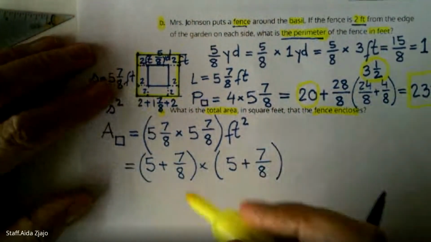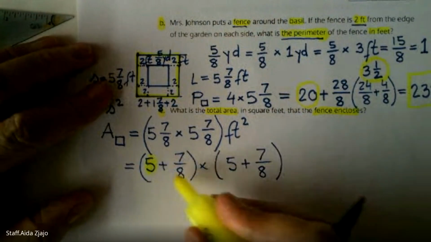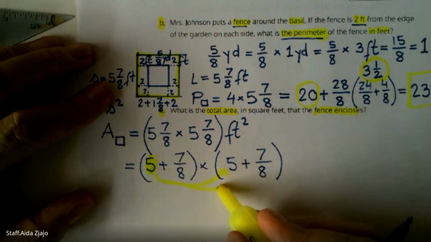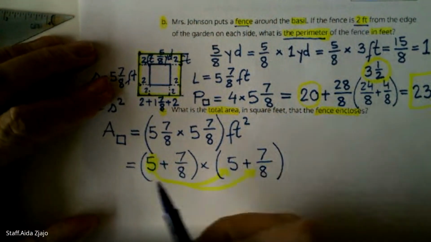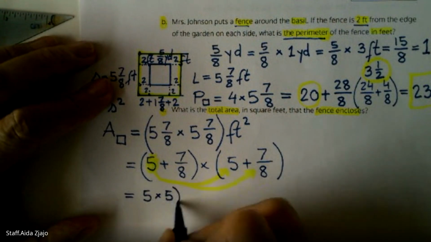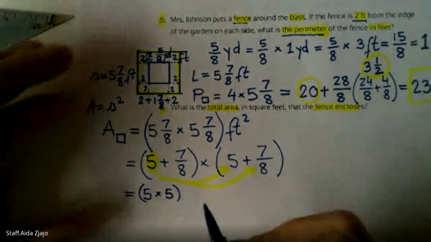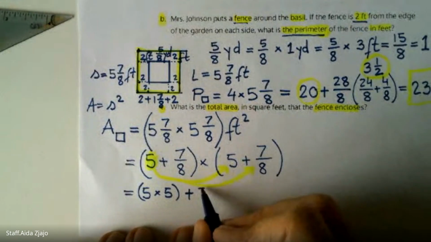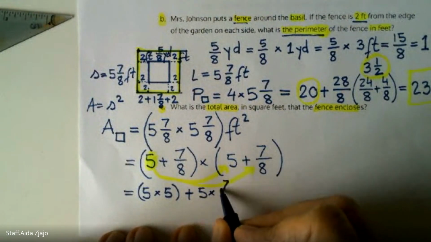Okay, let's do 5 times 5 and 5 times 7/8. So 5 times 5 plus 5 times 7/8.